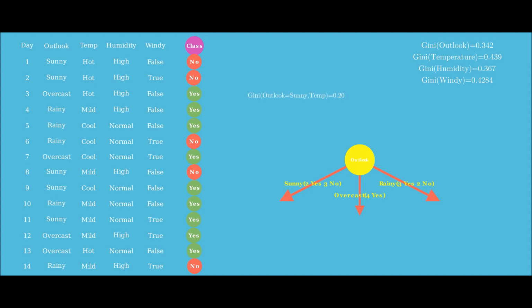Now for the feature outlook value sunny, we will test humidity.